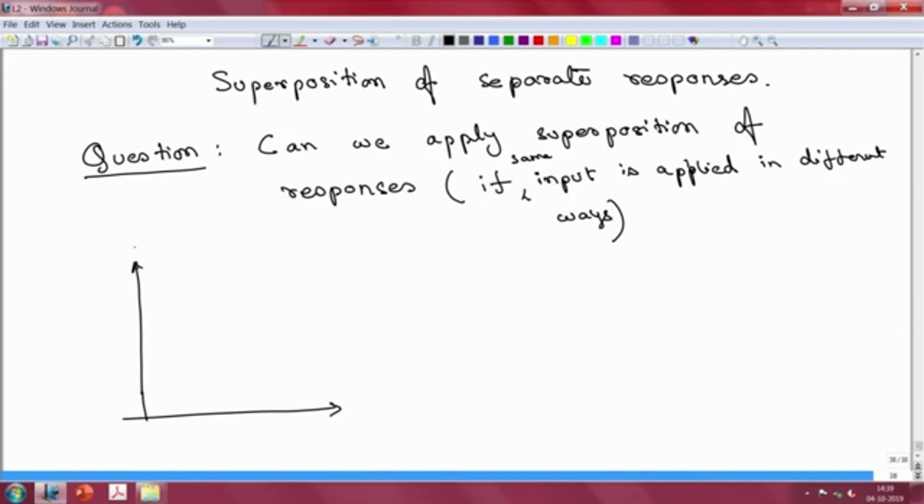We are doing, let us say, a stress response test, and you have your input initially at sigma 1, and then later on it jumps to another value. This value now is sigma 2 at some time t1.